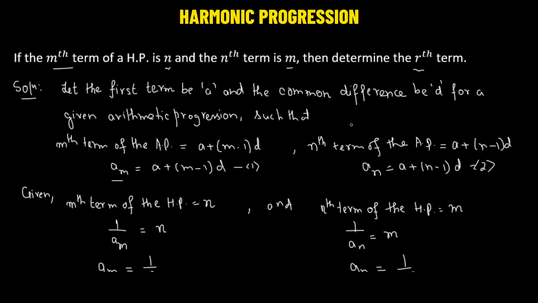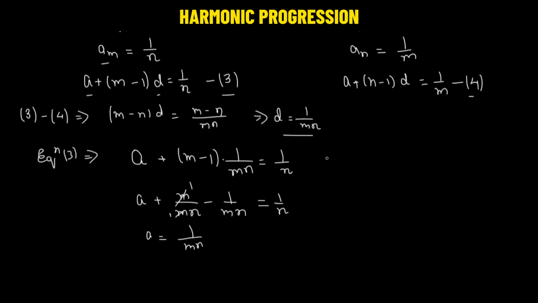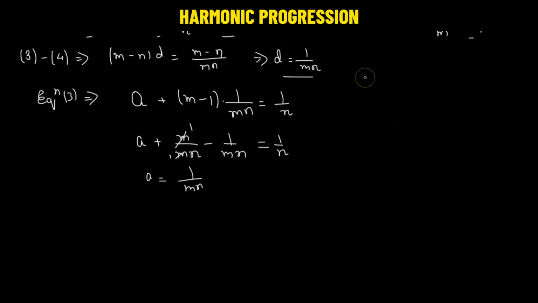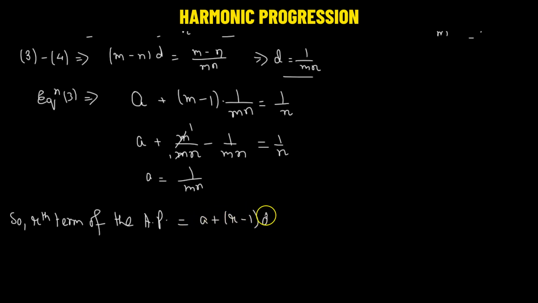So what we have to do in the problem is to find the rth term of the harmonic progression. But first we'll try to find the rth term of the arithmetic progression, and once we have that value, we'll simply take the reciprocal. So the rth term of the arithmetic progression will be given by a plus r minus 1 times the common difference d.